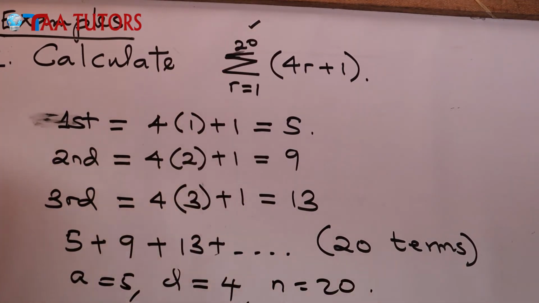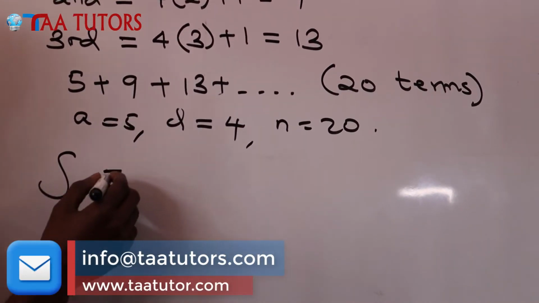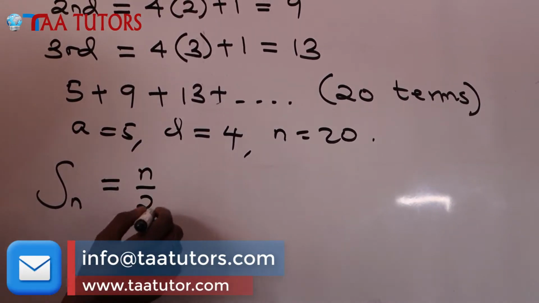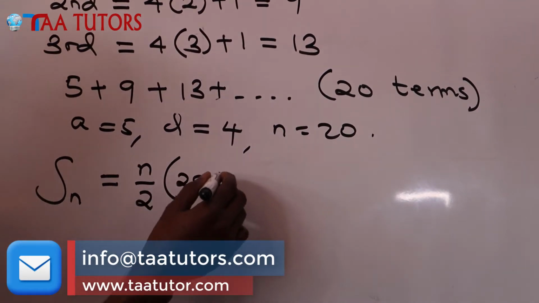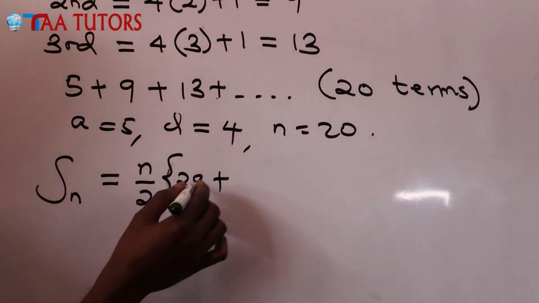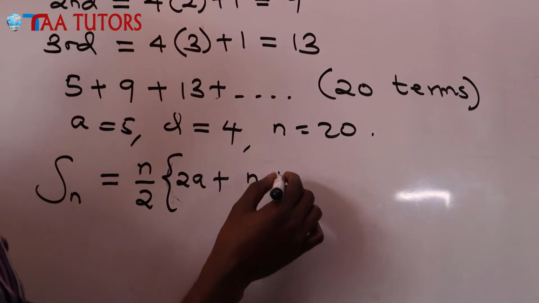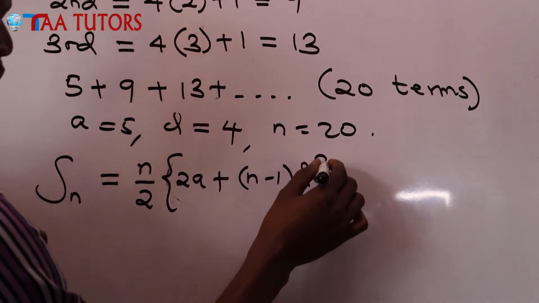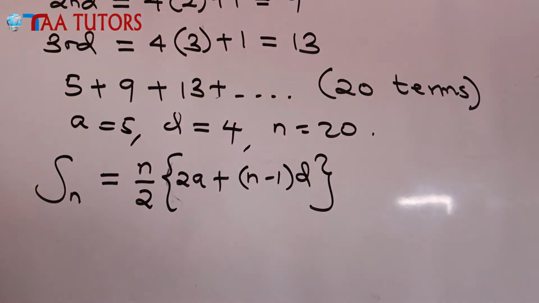What I'm going to do is use the formula for calculating the sum. I know the sum of n terms is given by n over 2 into 2a plus n minus 1 d. This is the formula for the sum of n terms.